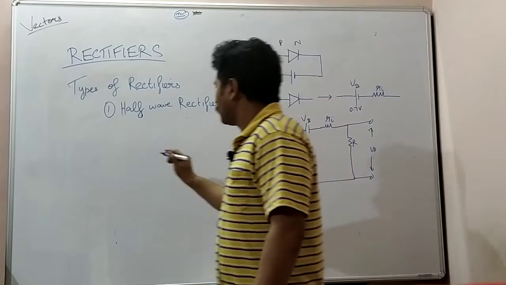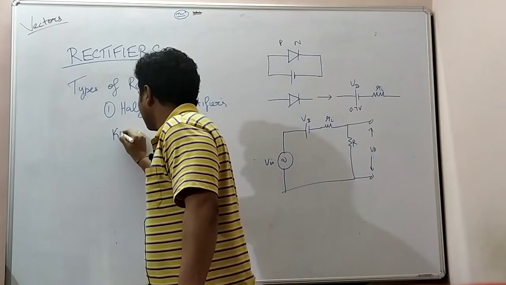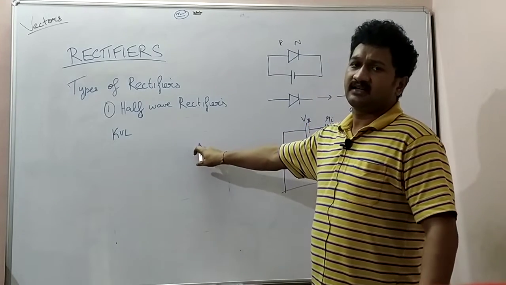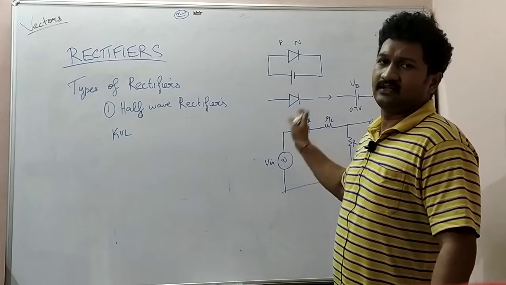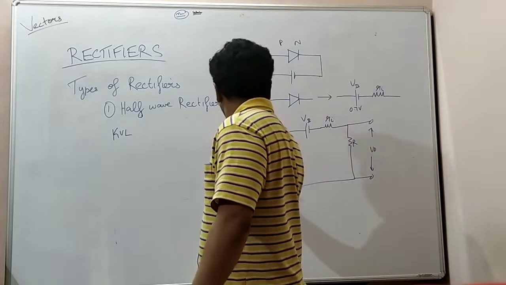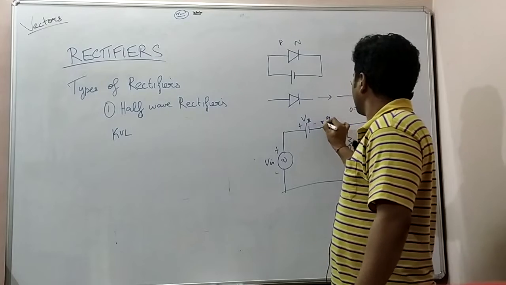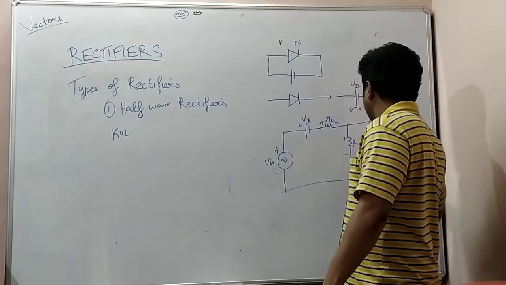Here you know about KVL. What is KVL? The sum of individual voltage drops across a circuit is equal to 0. Here let's start writing the KVL equation. I am putting symbols.